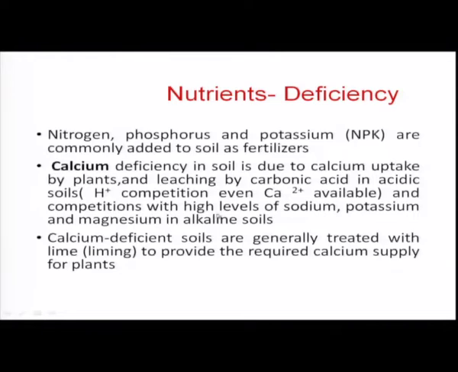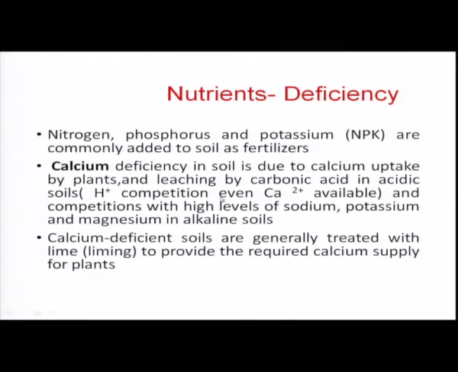There is also competition with high levels of sodium, potassium and magnesium, especially in alkaline soil. These alkaline conditions will always be associated with sodium, potassium and magnesium. There again, even if calcium is available in the soil, the plant may feel a deficiency of calcium.